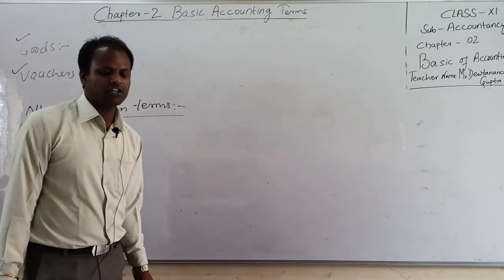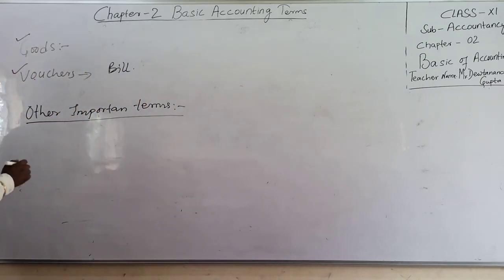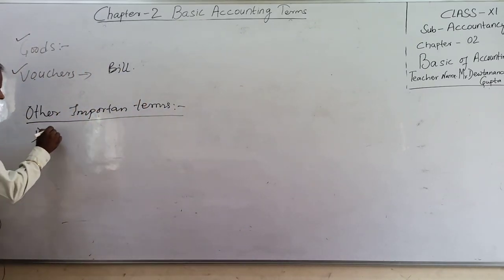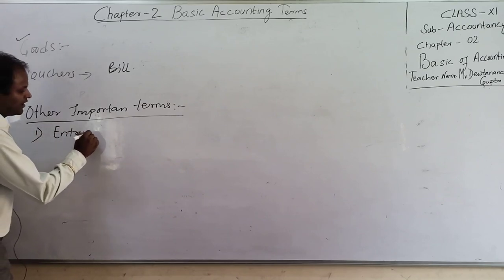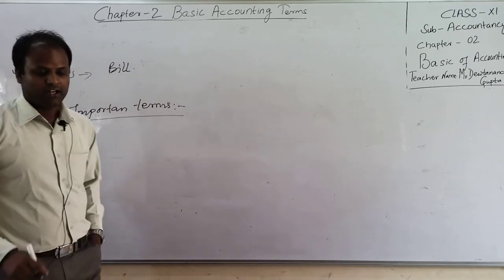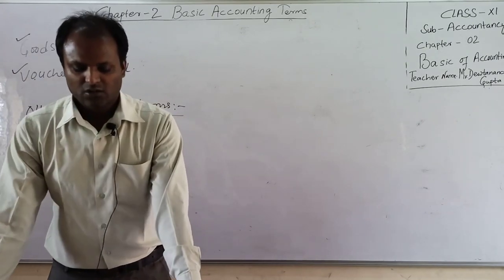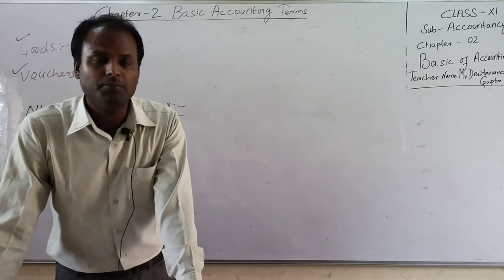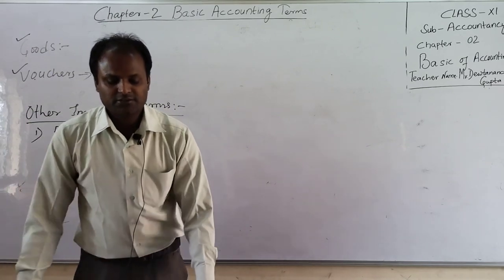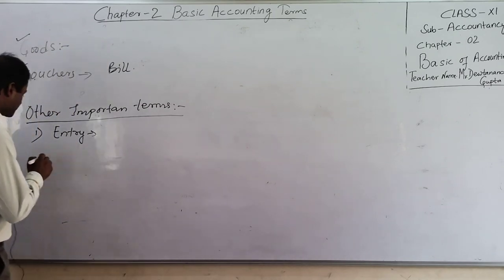Now let us go to the other important terms which are useful in business. First, it is entry. Entry means any transaction which is recorded in the books of account is termed as entry. Next one, bad debt.